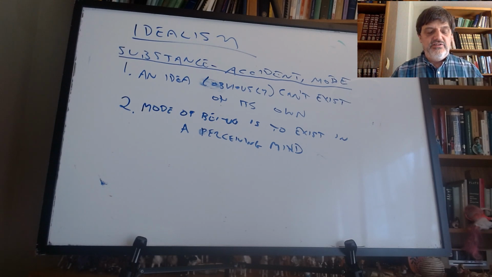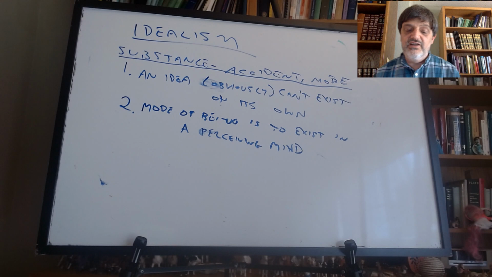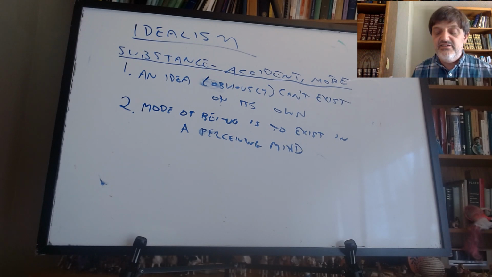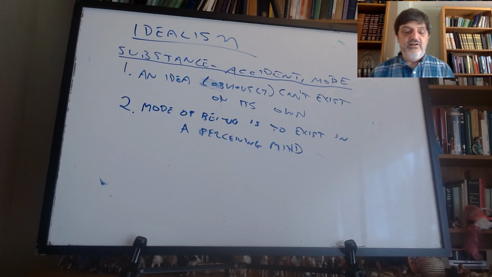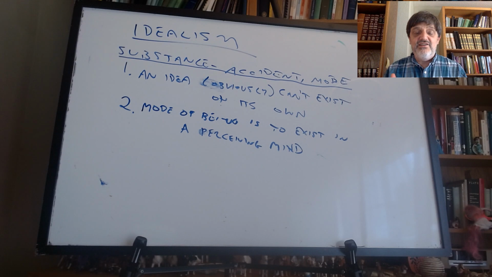So it's not only obvious that they can't exist on their own, but Berkeley says if you pay more attention, as those people in the quote didn't, you'll see that the way it's obvious they can't exist on their own is that their very manner of existence is to exist in a perceiving mind.